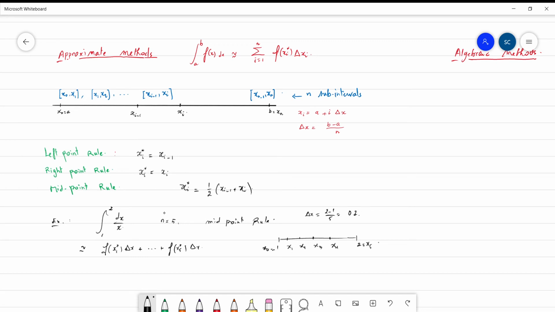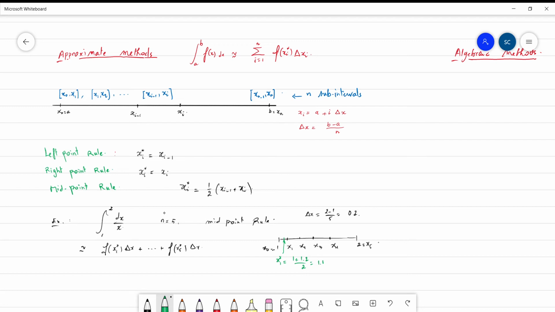Now x1 star will be here, the midpoint, so it will be (1 plus 1.2) over 2, which is 1.1.